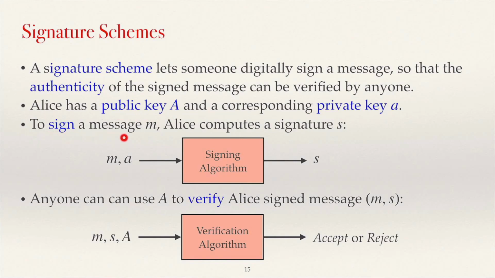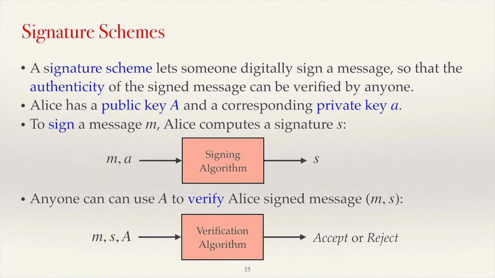To sign the message M, Alice runs the signature algorithm on the message and her private key. The algorithm mixes up the bits of M and a in a complicated fashion to produce a signature S. Anyone can then verify Alice's signed message M, S using a verification algorithm.